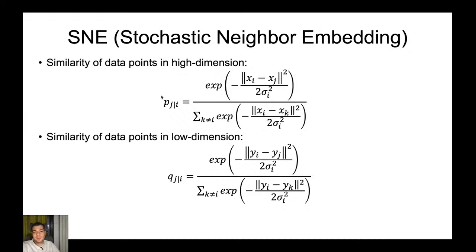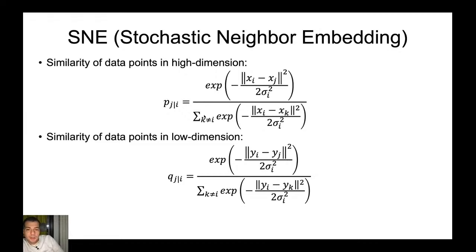So this probability density is equal to, let's say, the probability between x i and x j, which is normalized by the sum of all probabilities for all the points x k that are different from the point x i. Okay, so we do the same in the low dimensional space.